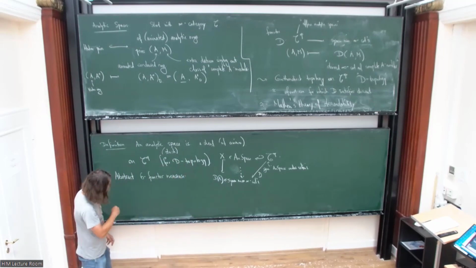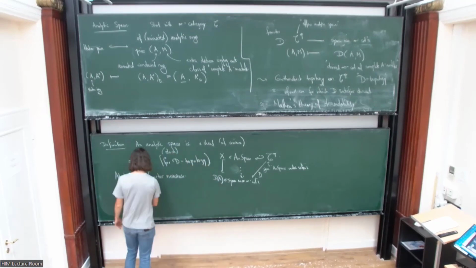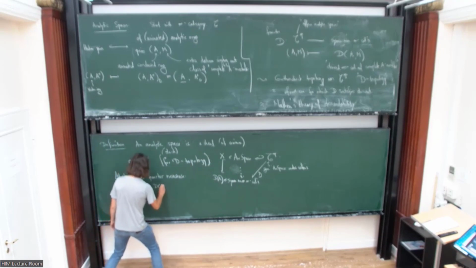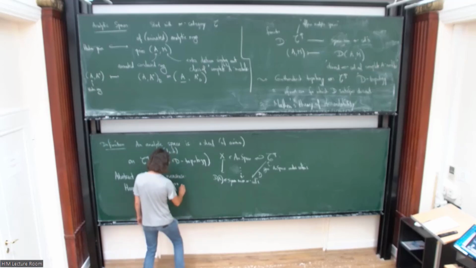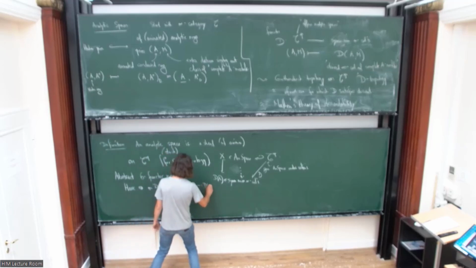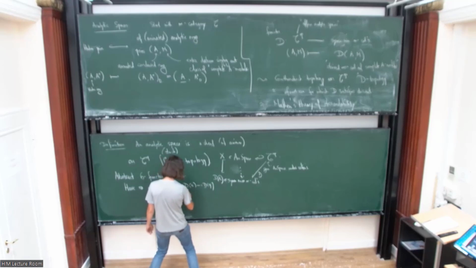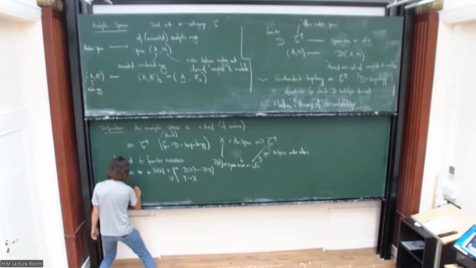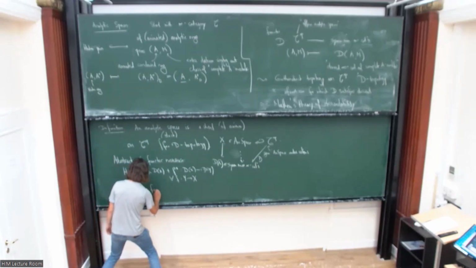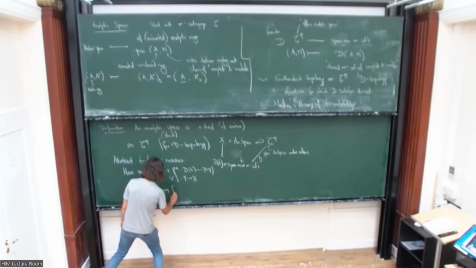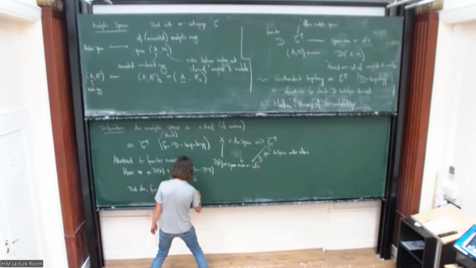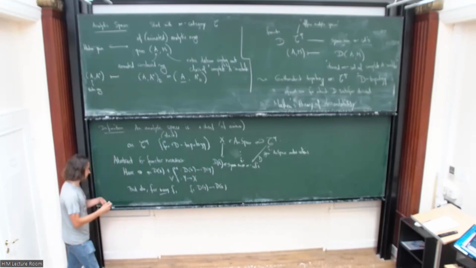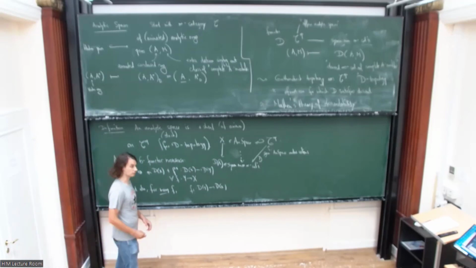But also, you get a lot of shriek maps, pullback, tensor, for many maps, satisfying all the expected things, projection formula, proper base change.